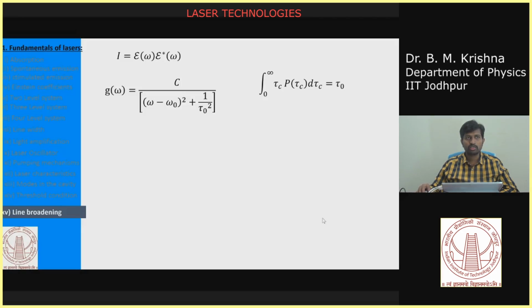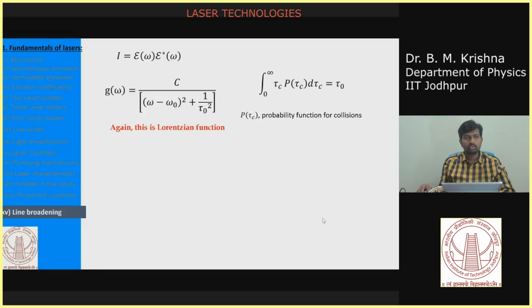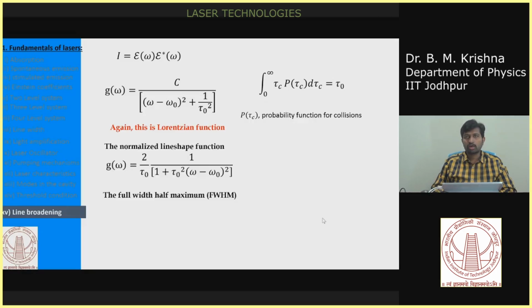Now again you see that this function is a Lorentzian function. You normalize your line shape function and you will end up with g of omega equals 2 by tau naught times 1 by 1 plus tau naught square (omega minus omega naught) whole square. So even the collision broadening gives you a Lorentzian line shape function.